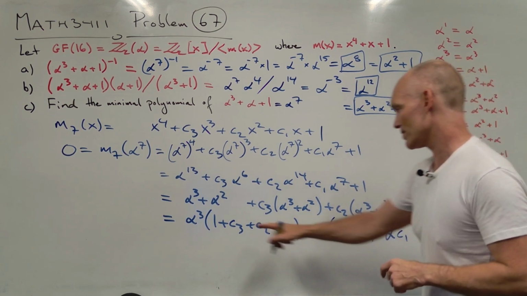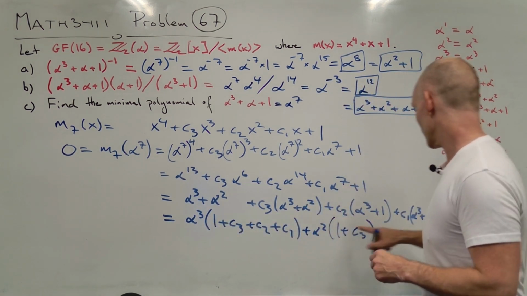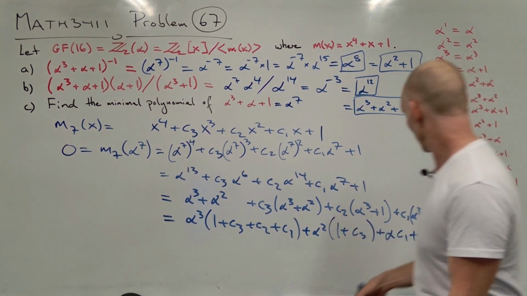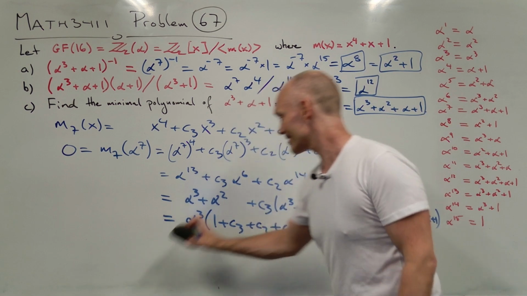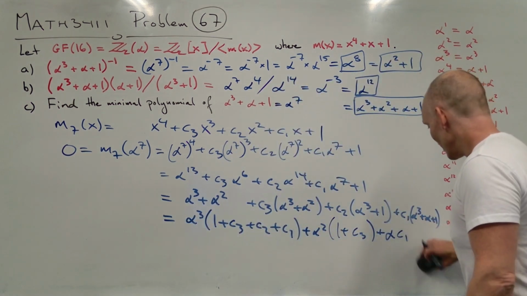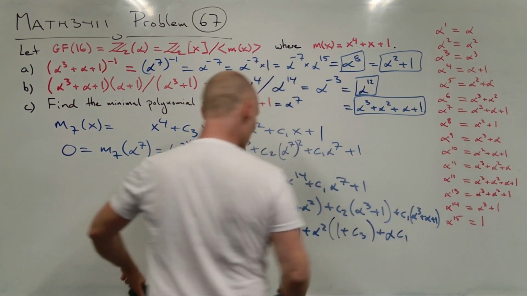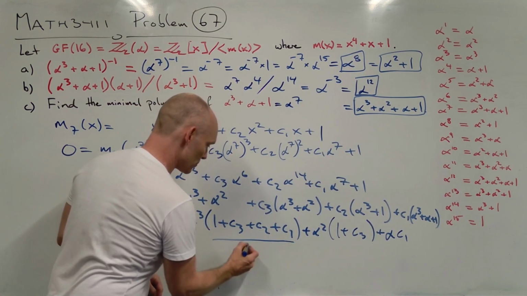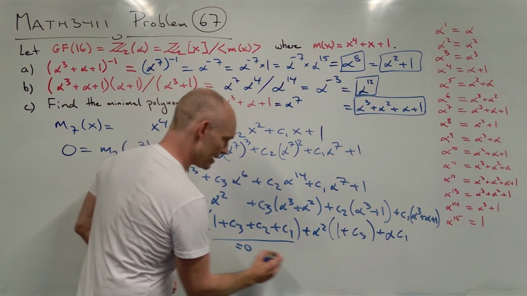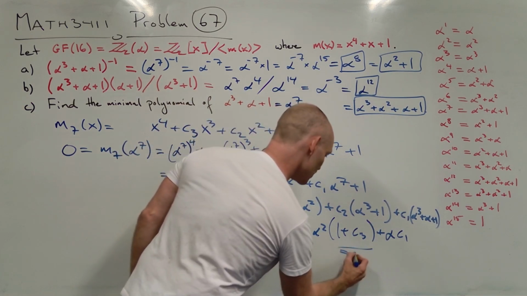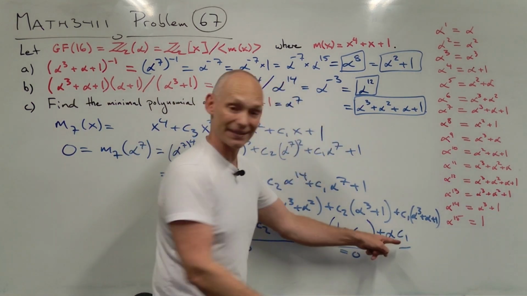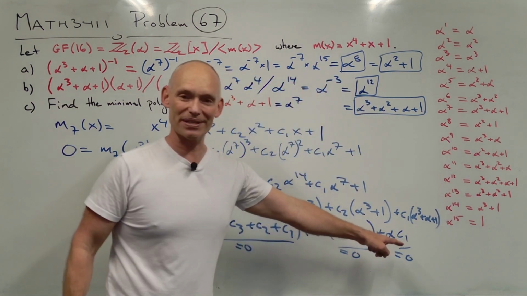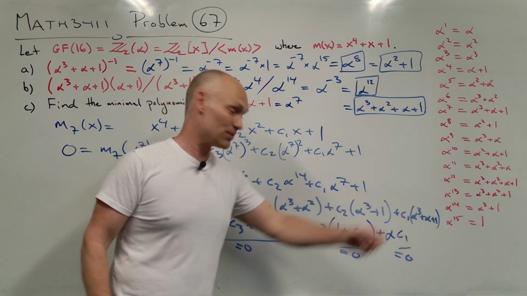And so this was the alpha cubed, squared, linear, and just the constant term, which we have no more of. I tidied that up already. So, well, that's cool, because all of this stuff here has to be equal to 0. And all of this stuff here has to be equal to 0, and all of that thing there has to be equal to 0.